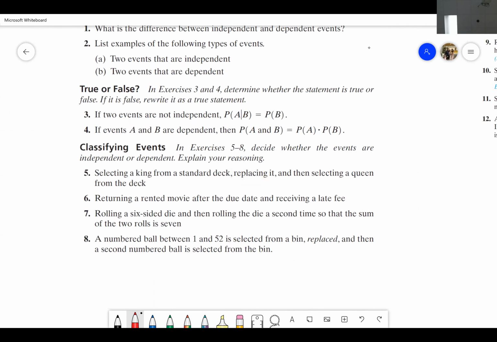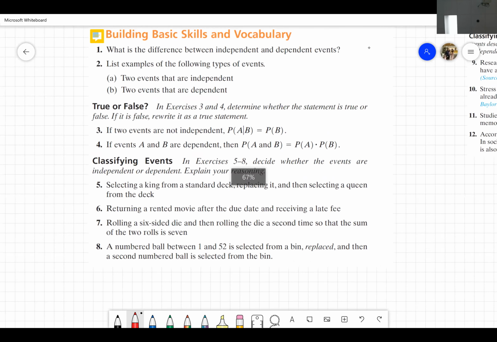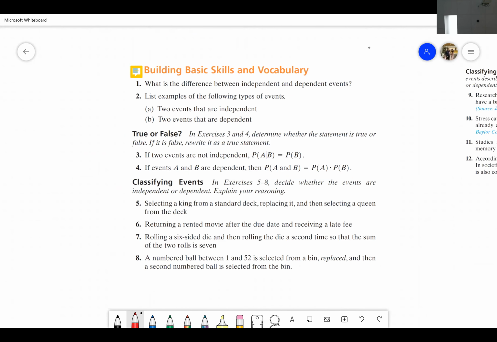Now, 3 and 4 by itself, I can give you the definition, and that's probably better. It says if two events are not independent, and in reality, you're supposed to write if two events are independent, the probability of A given B must equal the probability of A. And that's how you make this true, because it was false the way it was written.